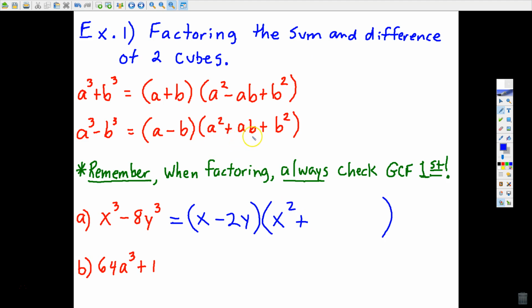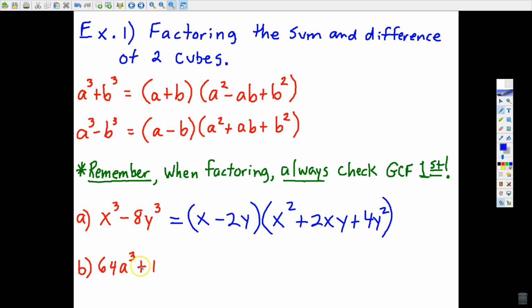But the factoring pattern has to be exactly like this. This sign has to be plus. So I'm just going to multiply x times 2y and I get 2xy. The next sign is plus. And now I take the second of the two terms, called b, and I square it, and that's 4y squared. And that's it. That is the factoring for letter A, the difference between two perfect cubes.